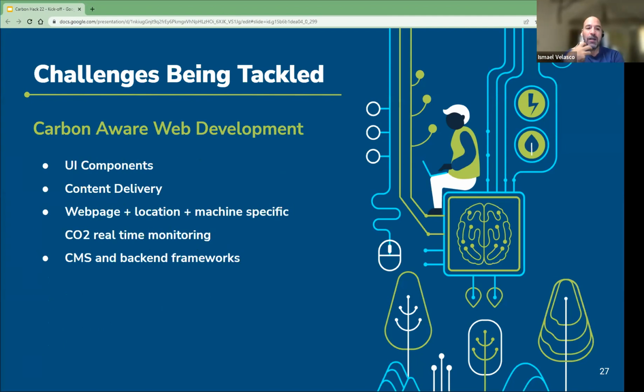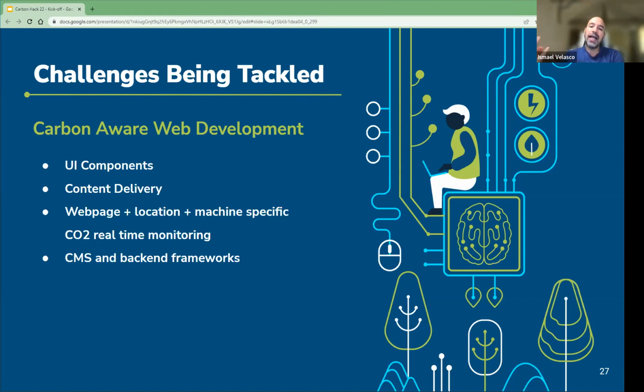Carbon aware web development specifically. Already mentioned: UI components and green mode design. Can you create websites that increase or reduce their functionality in accordance with the electricity consumption of the grid? There is a very good example in Branch Magazine, if you want to Google it. So there are many areas where you could do this. People here are also working on content delivery and making that carbon aware.